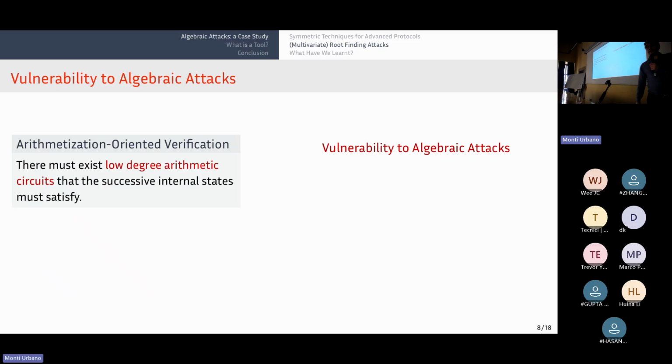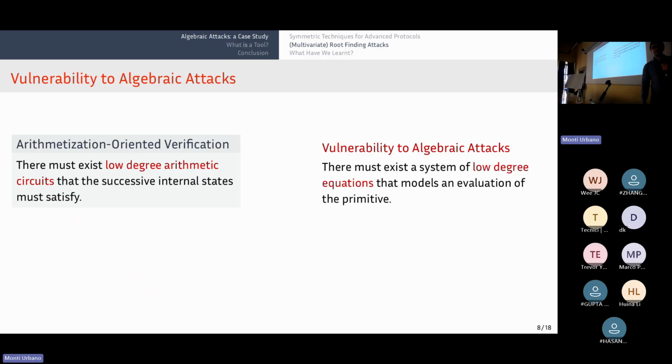But if you want to do an algebraic attack, as an attacker, what you want in a primitive is that there exists a system of low degree equations that can model the evaluation of your primitive, so that you can write a system of low degree equations that completely describes how your primitive is running. It's basically the same thing. So in order for your arithmetization-oriented primitive to be efficient, it basically needs to be vulnerable to algebraic attacks, which is annoying.